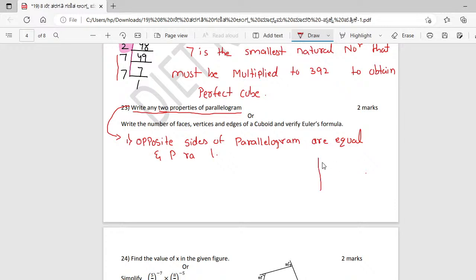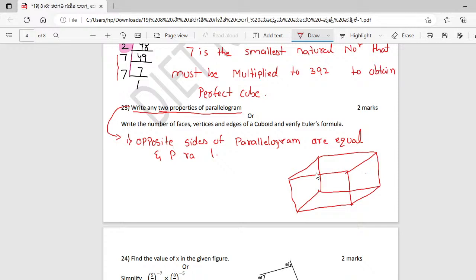It may not be neat, but it is a little bit similar to the actual figure. Your compass box is a very good example of a cuboid, because each face of the cuboid is in the shape of a rectangle.